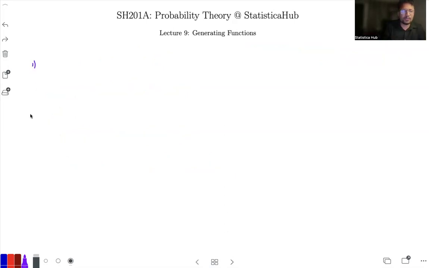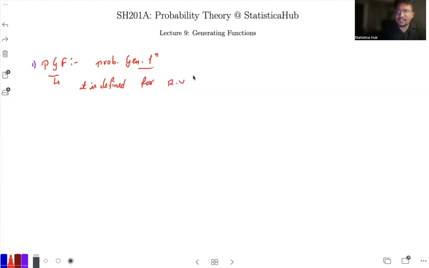If we start with the probability generating function, that is the PGF, it is defined for a random variable that is discrete and non-negative.